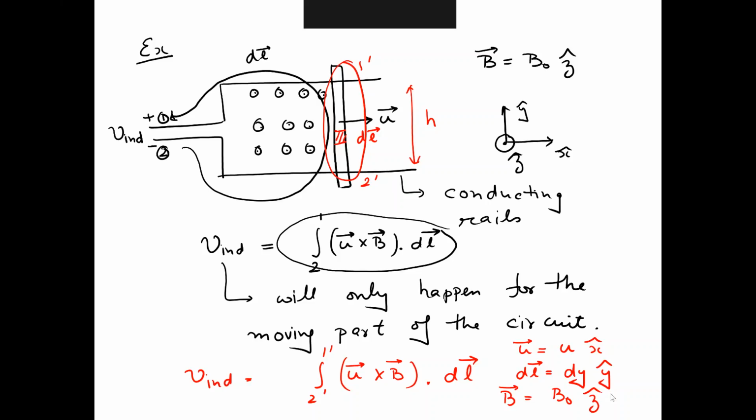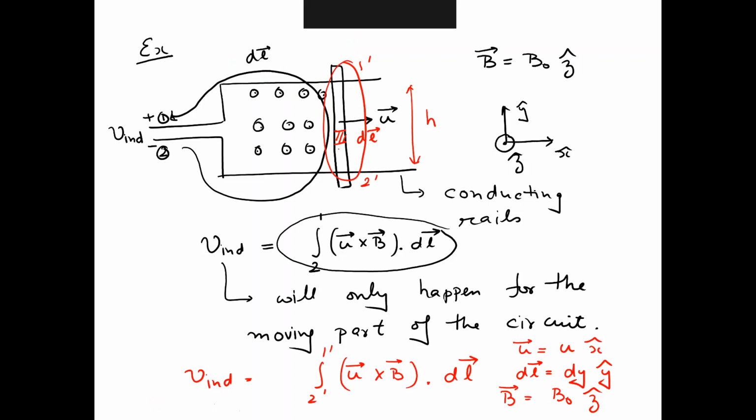We can now start substituting into the equations to get V induced from y equals 0 to y equals h. I have to take the small differential element that I've created in dl, start from this point and keep on moving. This whole line is integrated.